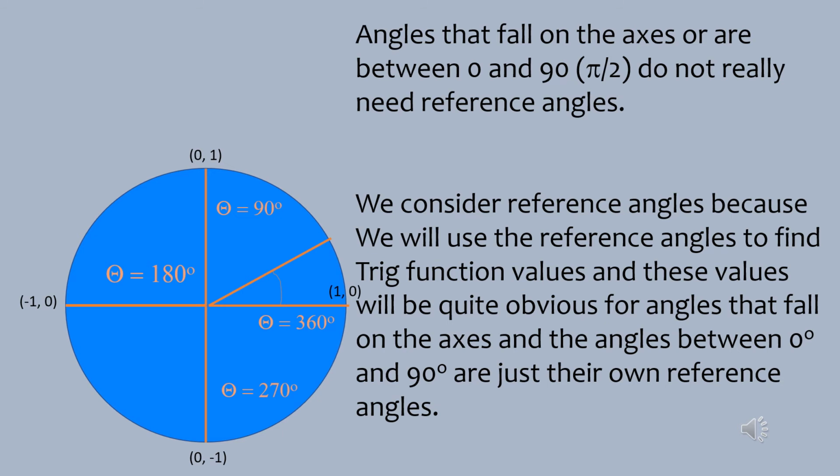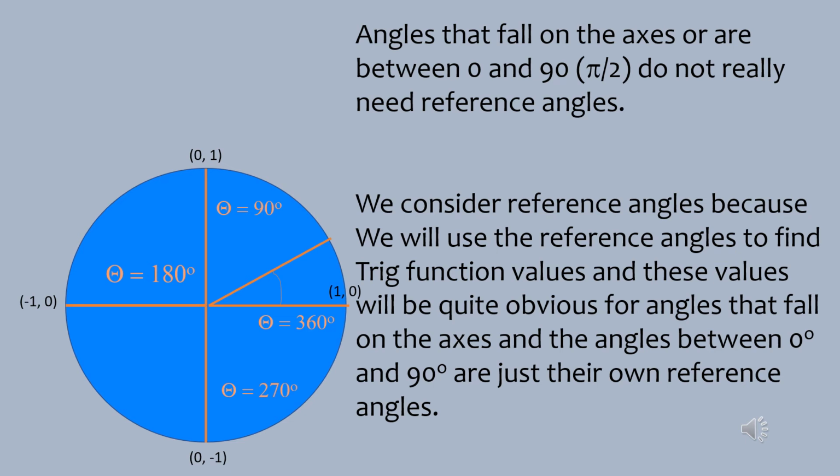The reason why is because we are considering reference angles when we're going to be finding values of the trig functions. And the values of the trig functions are going to be related to the x and y coordinates as you rotate around the circle. The coordinates are going to be obvious if you're on the axes.